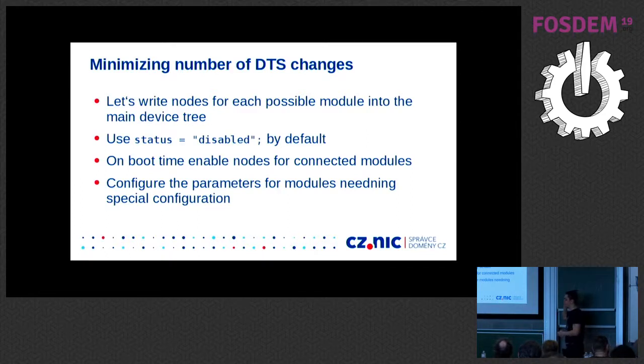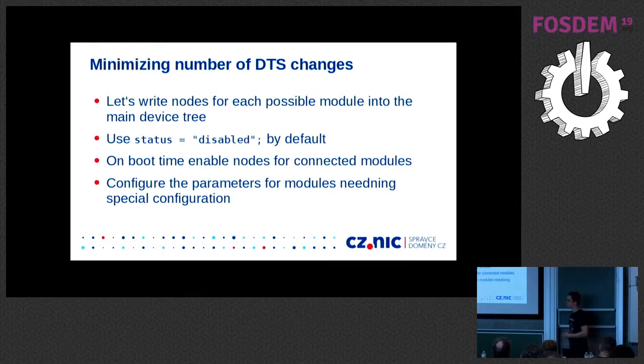So I decided that I will write a node for every module inside the main device tree in Linux, but I will use status disabled for those nodes so that the kernel will ignore them by default.